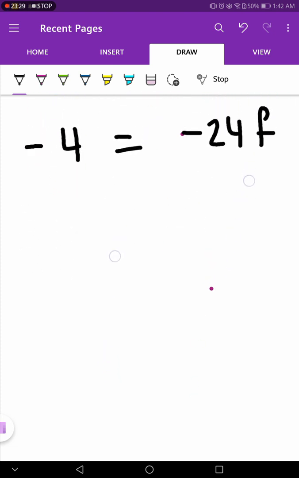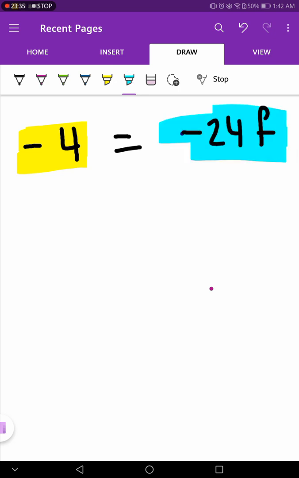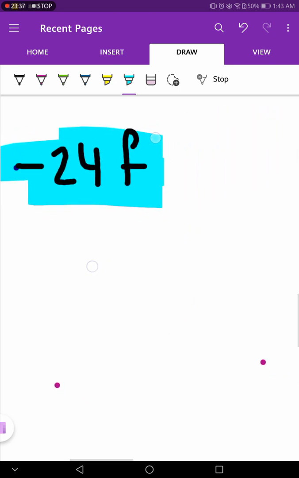Now I have this, left and this is right. Okay, I move to the right side. The coefficient of f is negative 24, and there is multiplication between the f and the negative 24. The opposite of multiply is divide by negative 24.